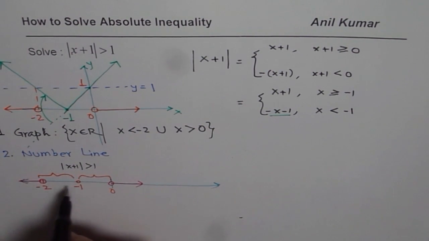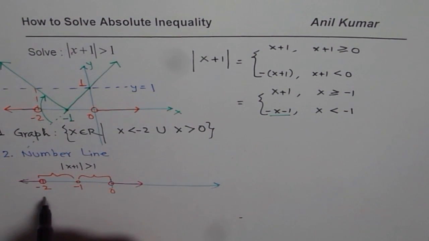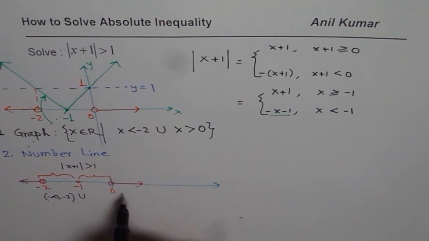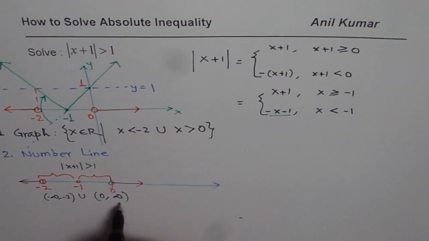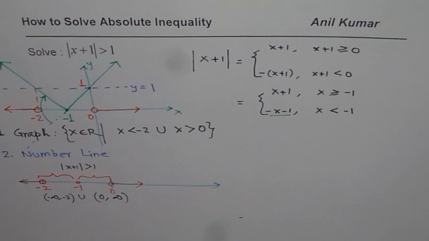So you're away, right? You see that? And so you get your solution minus infinity to minus 2 union 0 to infinity. Correct? So that becomes another method. By the very basic definition of absolute function, we have got it on the number line. Correct? So that is how you could do it.